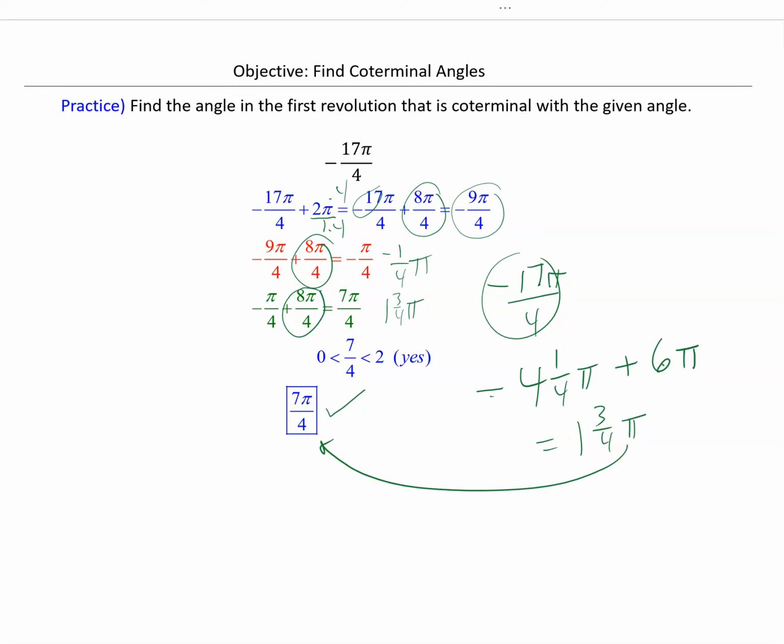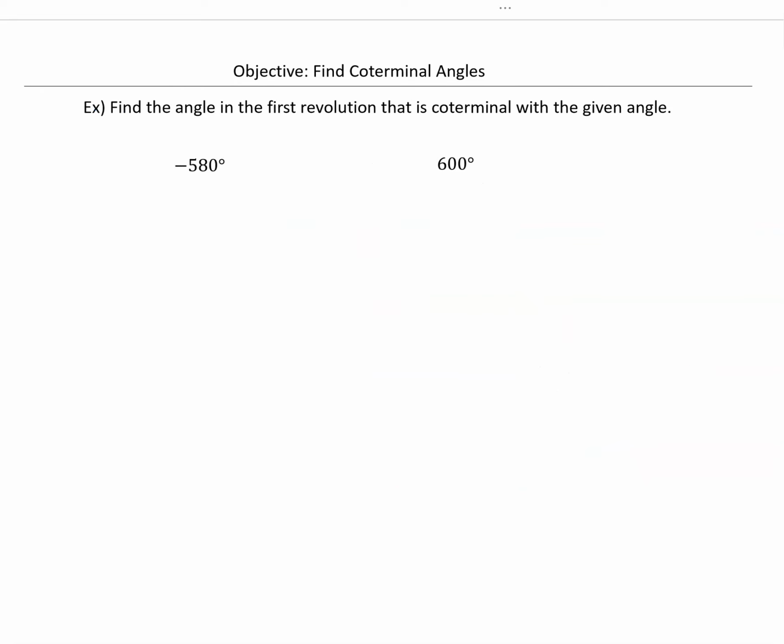All right, now we're going to take a look at these problems, which are in degrees. Primarily we focus on radian measure because that is what we will focus on, primarily with calculus problems. But degrees do come up, so we want to be comfortable with working with degrees here too.